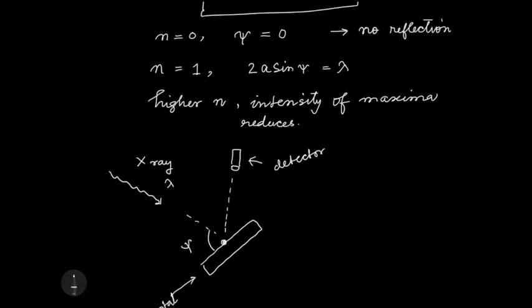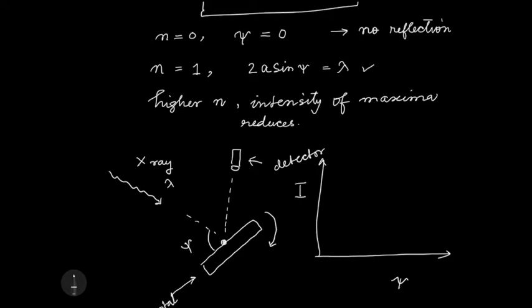But for n equals 1, what I can do is rotate this crystal. As I rotate this crystal, psi changes and I measure the intensity. So I plot psi versus intensity.